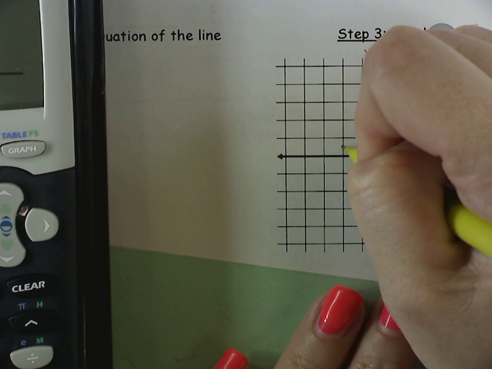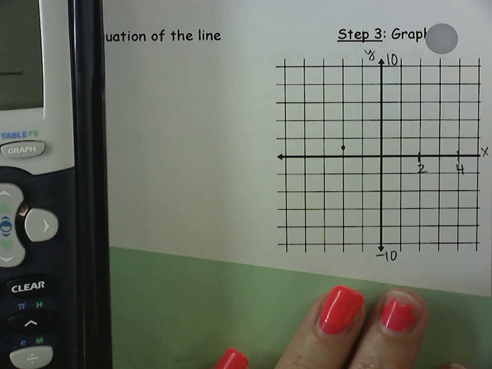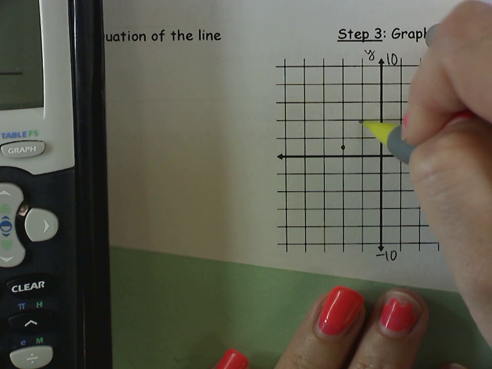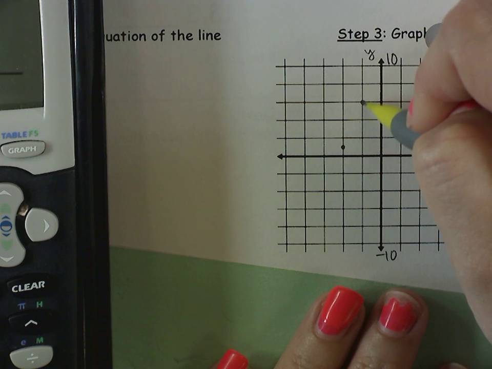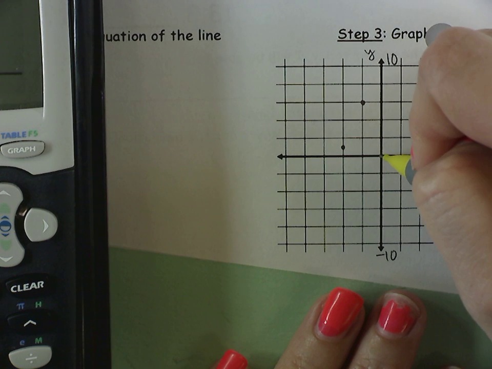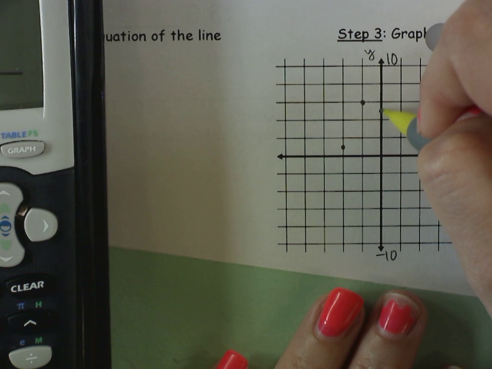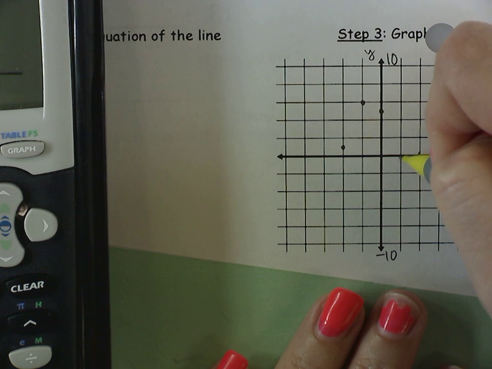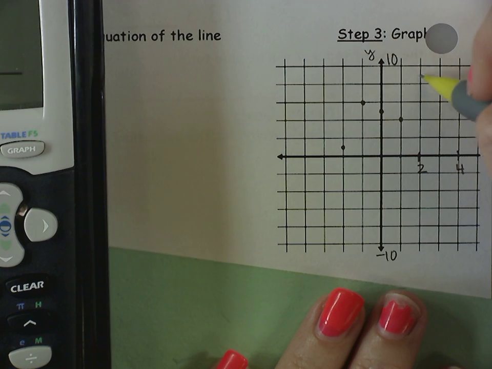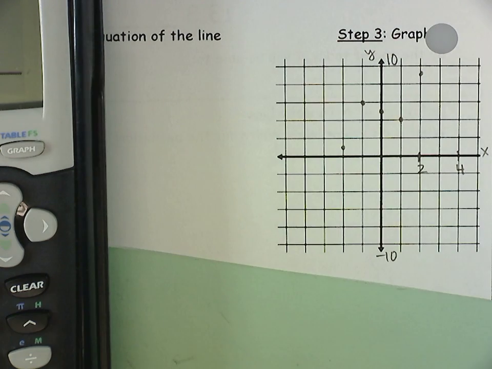Okay, so at negative 2 I'm at 1. Okay, bless you. At negative 1 I am at 6, so 2, 4, 6. At 0 I'm at 5. 1 I'm at 4. 2 I'm at 9.